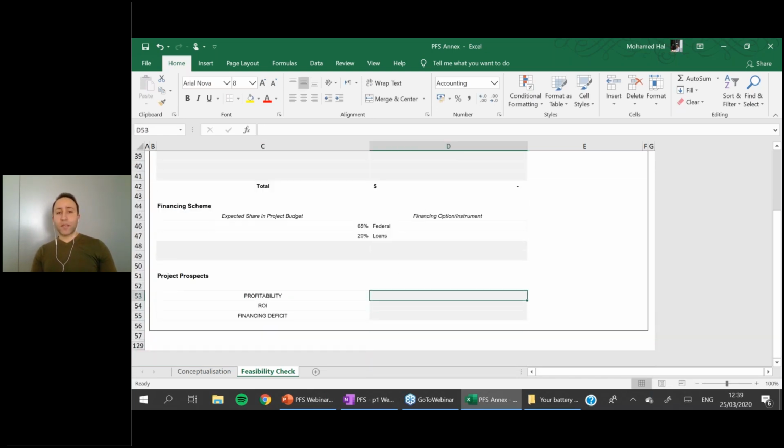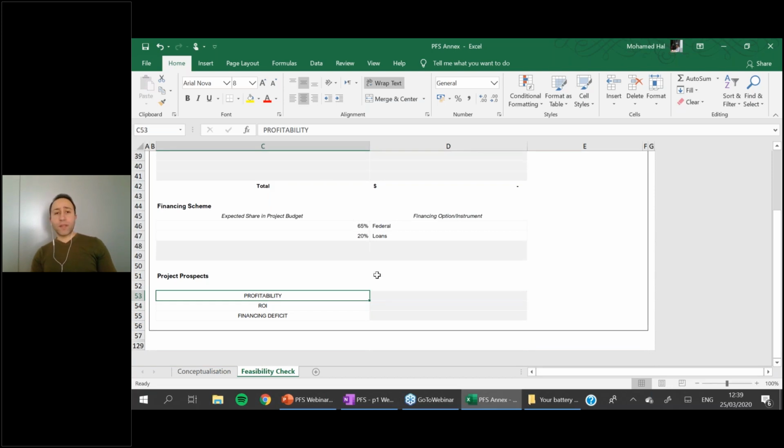And the last part is to look at the profitability, and this is by just dividing the things that you have up for. I can do it in a formula if you want. The return on investment, the profitability, how much money this project can make annually, monthly, over 10 years as you like. It's just a PFS, so you write what you see there. The approximate return on investment, does this project have a positive or negative return on investment?